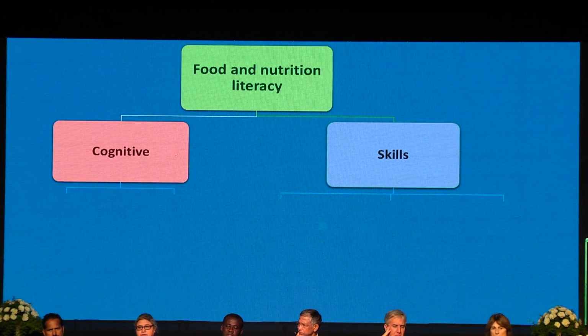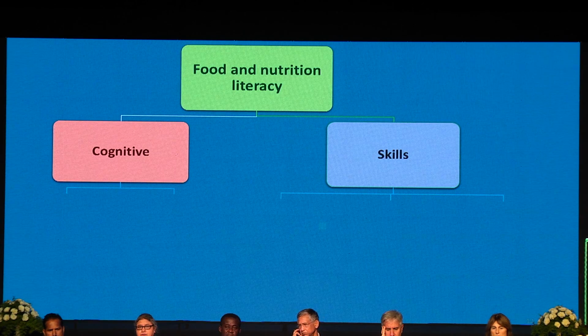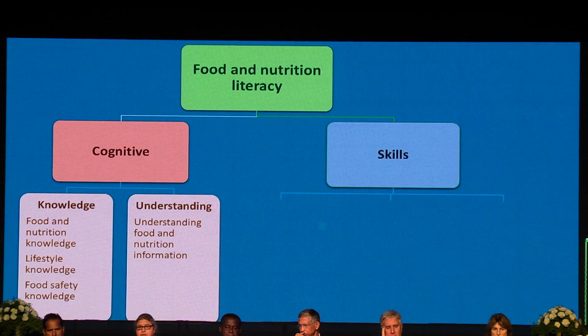What we found was that, based on the qualitative phase of the study, there are two domains that could be identified based on students' and experts' views: the cognitive and skill domains of food and nutrition literacy, and we use both terms, food and nutrition, as one entity. With regard to cognitive aspects, knowledge and understanding popped up as separate subdomains that needed to be evaluated.